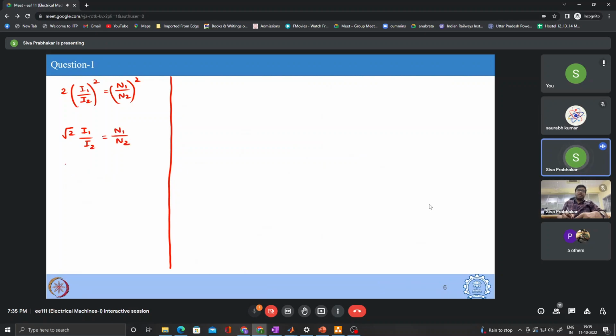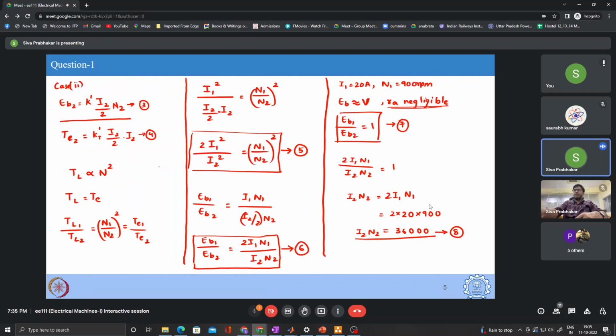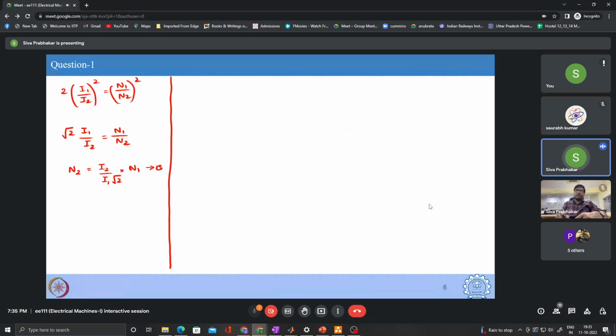So which implies that N2 from here, I can write as I2 by I1 into root 2 into N1. So N2 value I got. So this is my equation number 9.